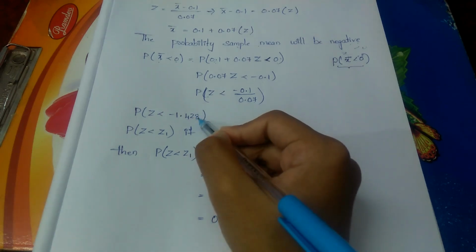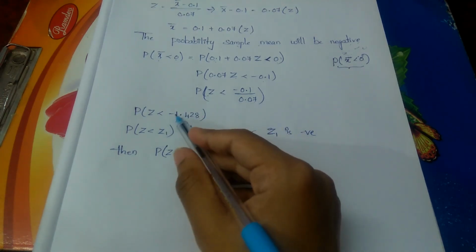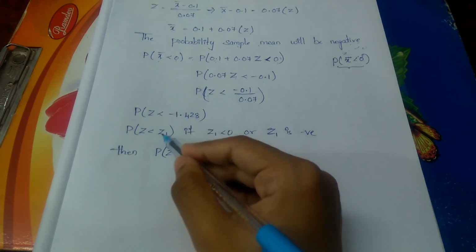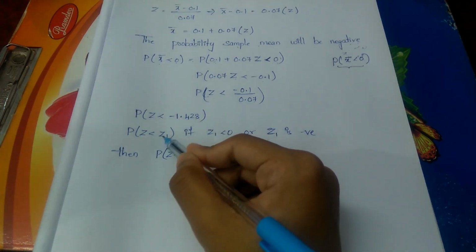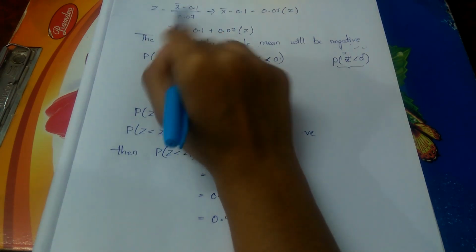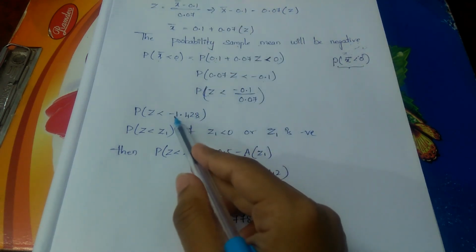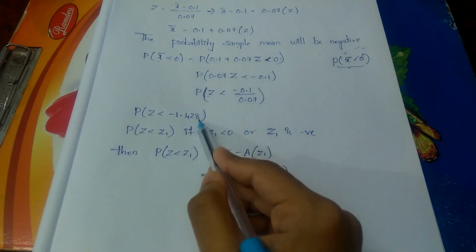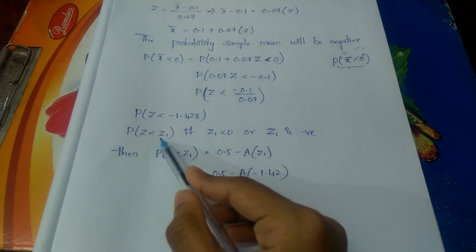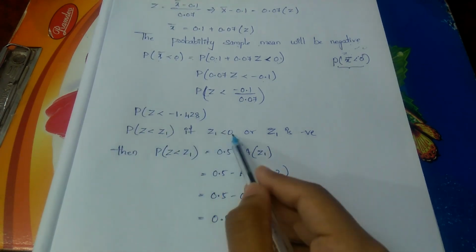Now for this we have to find out the probability. Let us take this minus 1.428 as the z1 value. Let us assume, because in the starting we didn't get the value of z, because they didn't give the x bar value. So from here the value we got is minus 1.428, so this value is the z1. Now the probability of z less than z1: z1 can be either positive, greater than 0, or negative, less than 0.